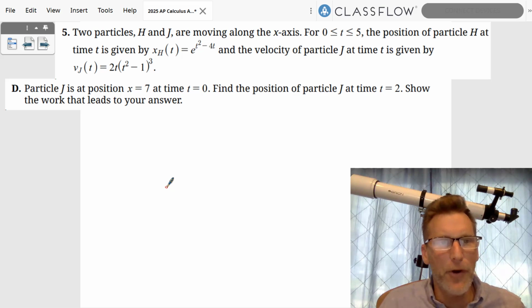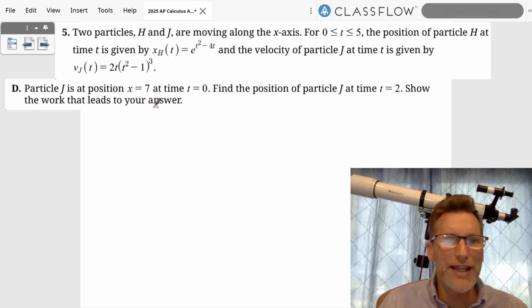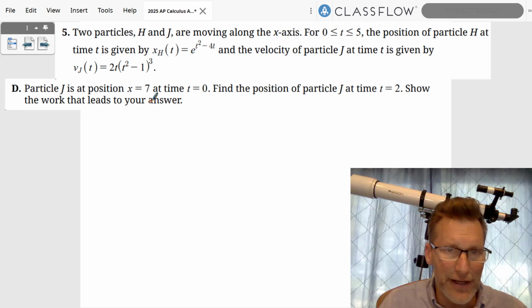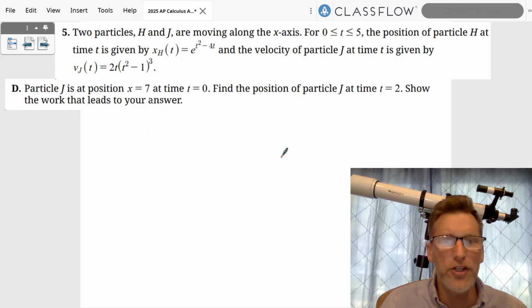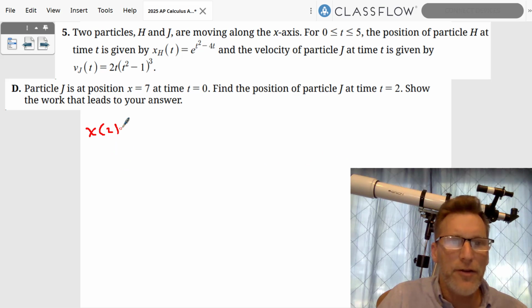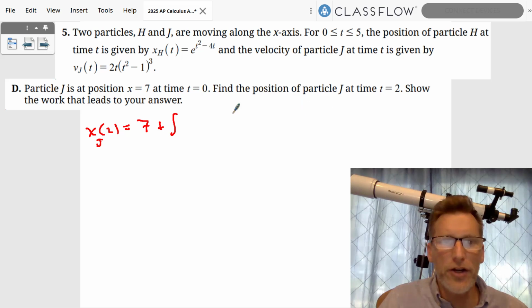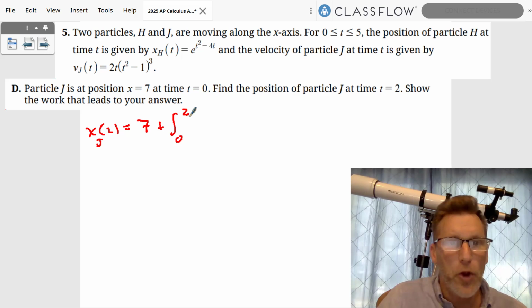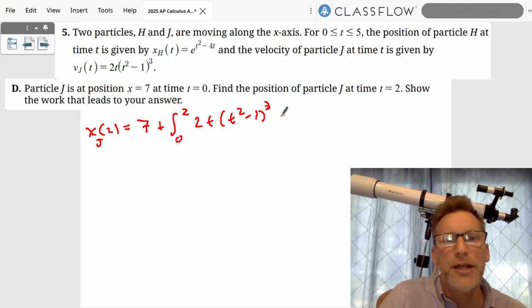We go to the last part, part D. It says particle J is at a position of 7 at time equals 0. So we want to know the position at time equals 2, which means we want to know x of 2 for J. It starts at 7 at time equals 0, and we're trying to go to 2, so we integrate v of J, which is 2t times t squared minus 1 cubed dt.